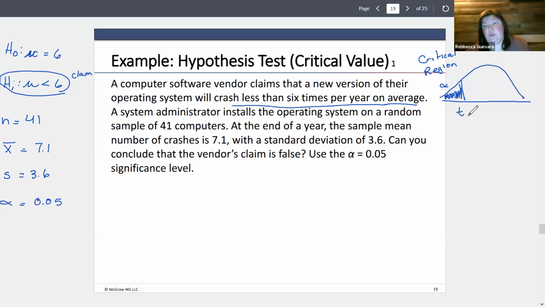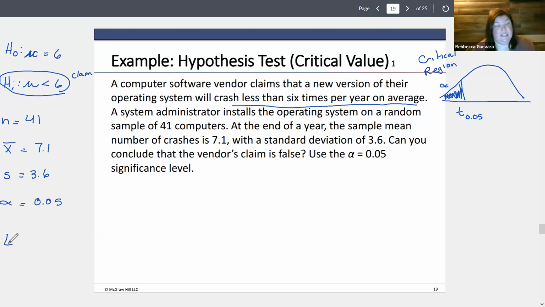So we need the t-score that gives me that area over there, that 0.05. Sorry, I was trying to fix something there. So this is the one value that we're going to need.